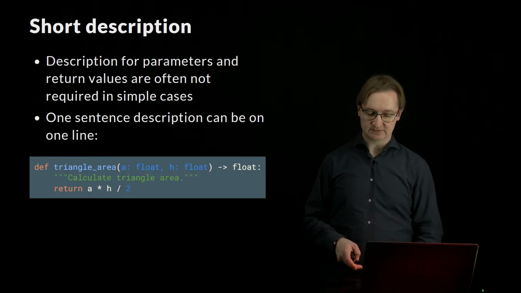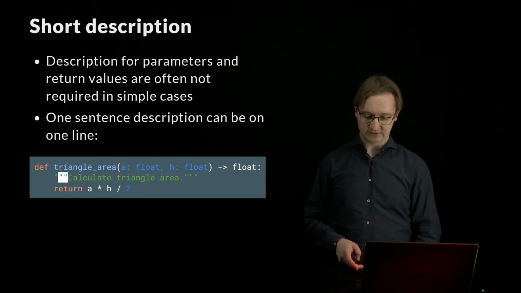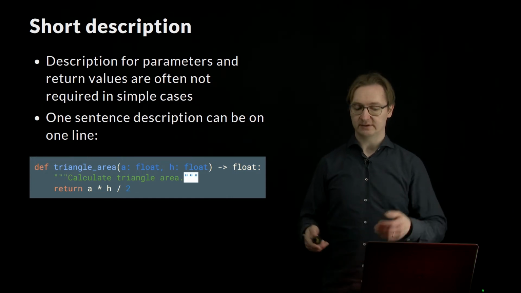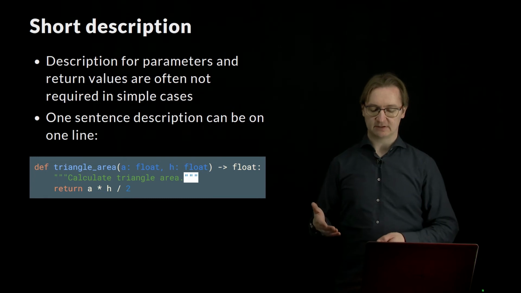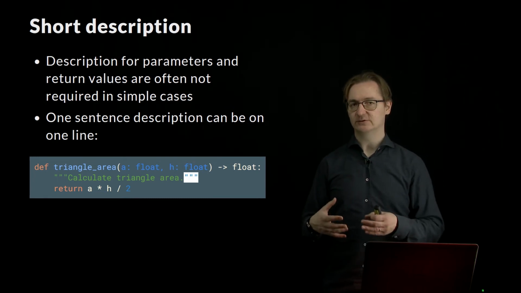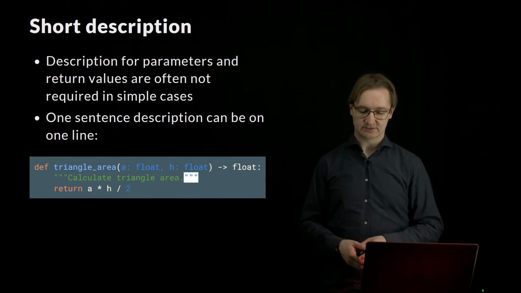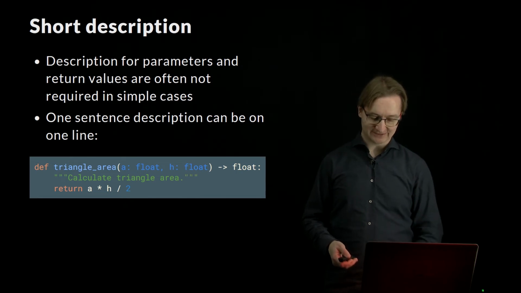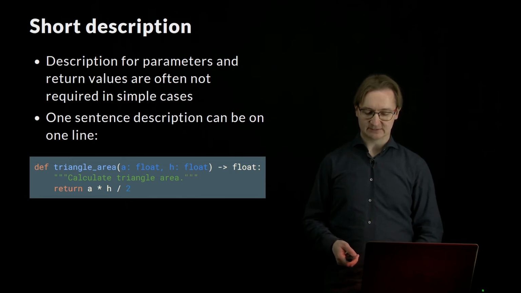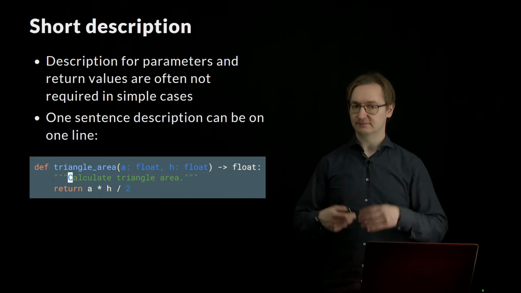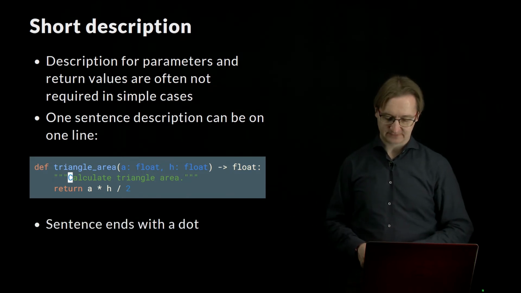We still have to use those triple quotes here and here, but those are all in one line. And it can be done only if the description itself is also only one sentence, so it has one dot in the end. And the description has to start with a capital letter.